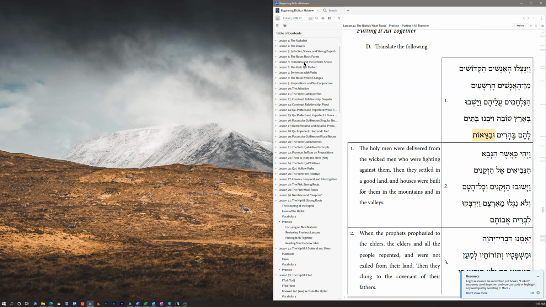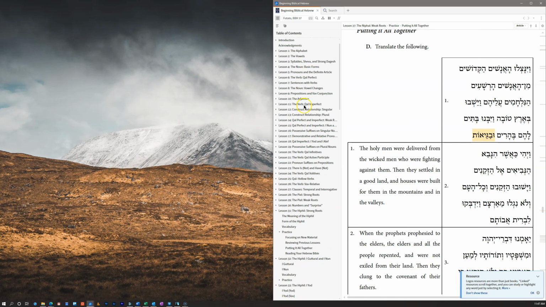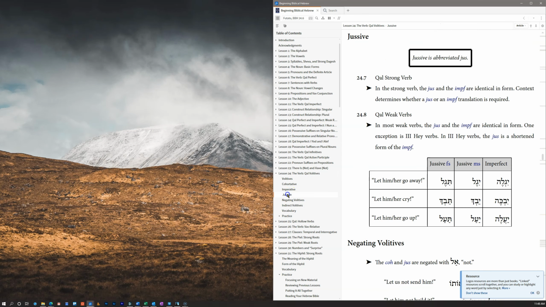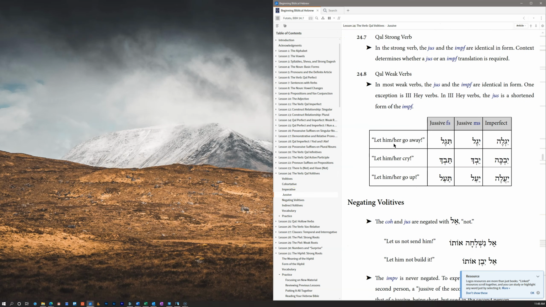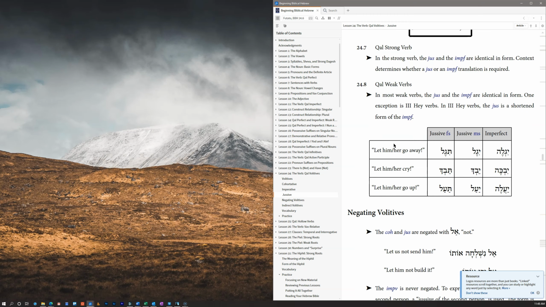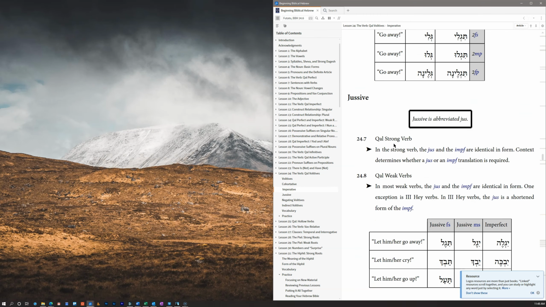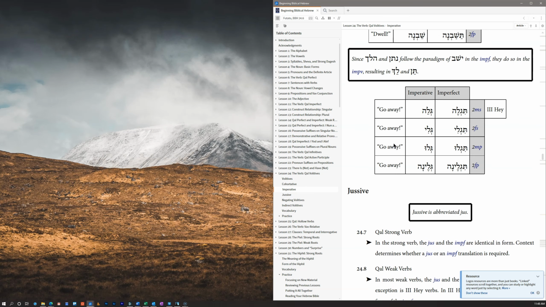Let's go to jussive. Volitives. Okay, so jussive. Let's look at the imperfect yivneh, which is he will build.